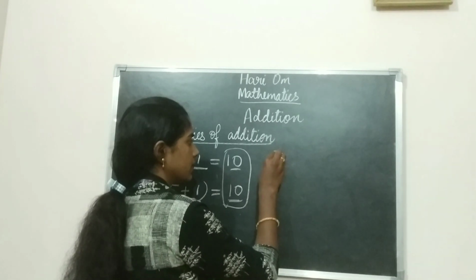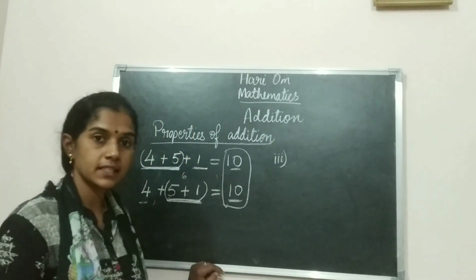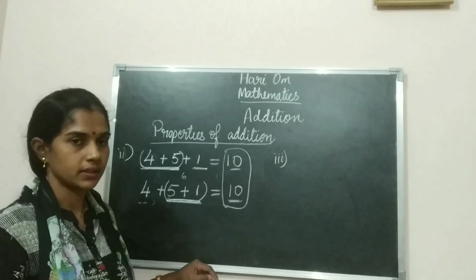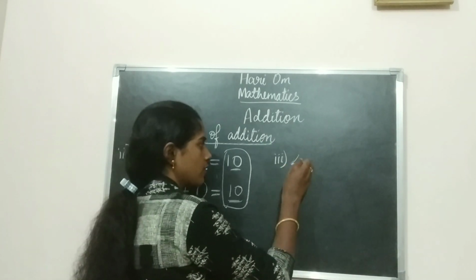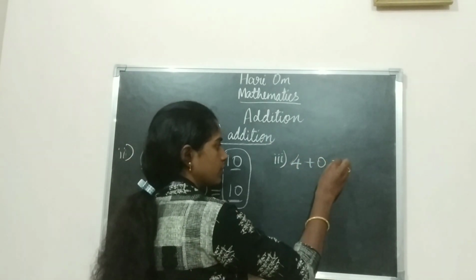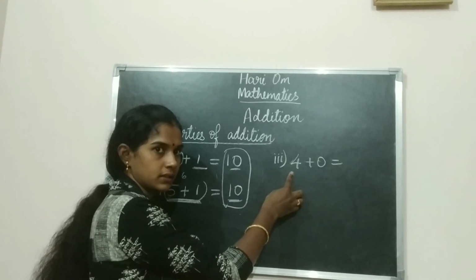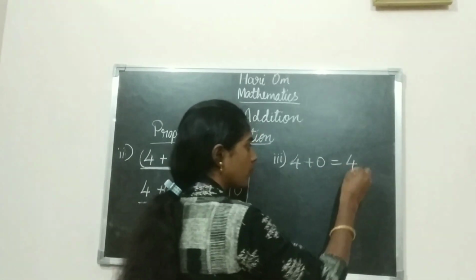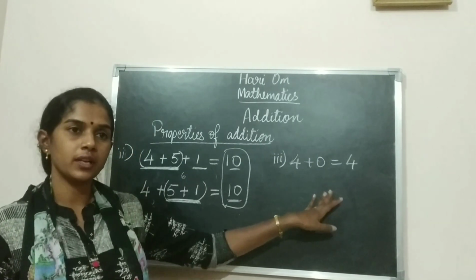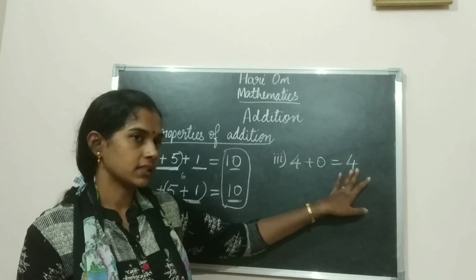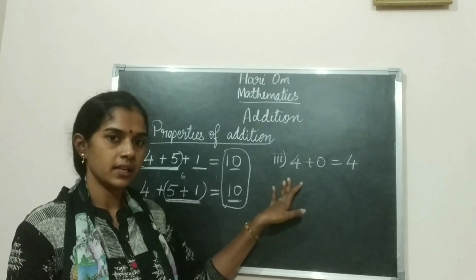The third property is: if we add 0 to any number, that is, if we add 4 plus 0, so 0 is added to 4, what is the answer? It is 4. So if we add 0 to any number, the answer is the number itself.